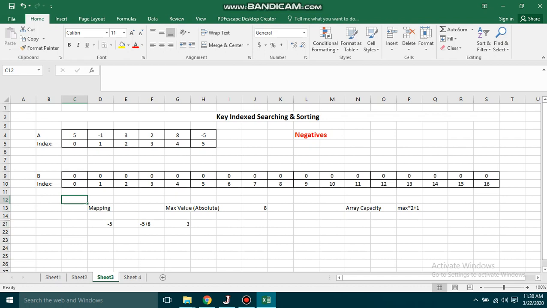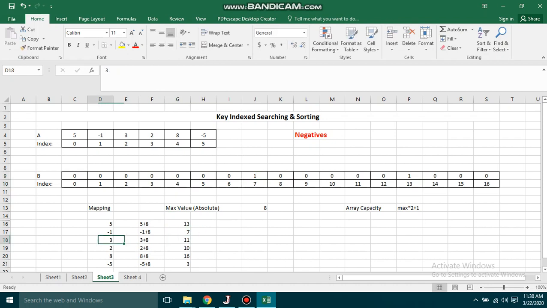So here is the mapping process. For example, my first value is 5, so we add the maximum value 8 to 5, which is 13. That means my actual index for the value 5 will be 13. So 13 will have 1. For minus 1, we have minus 1 plus 8, which is 7. So index 7 will be used for the value minus 1.